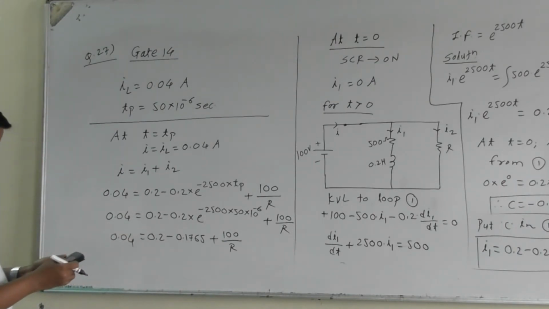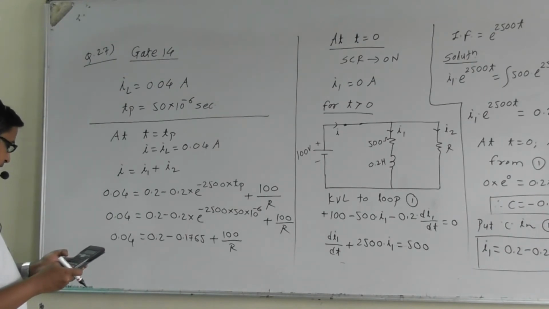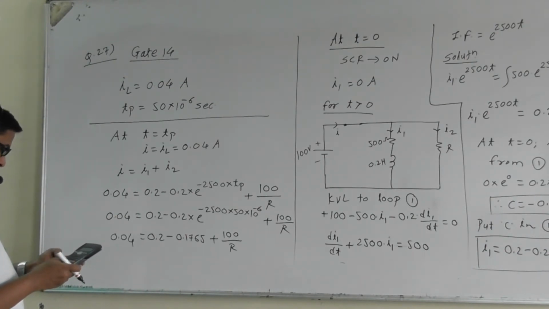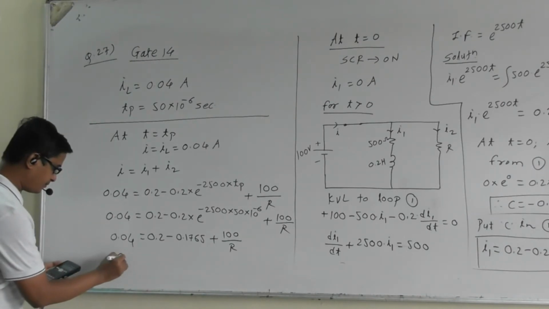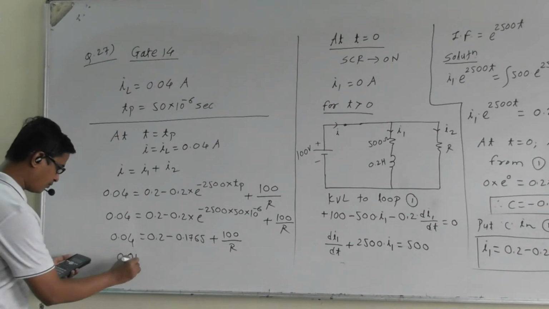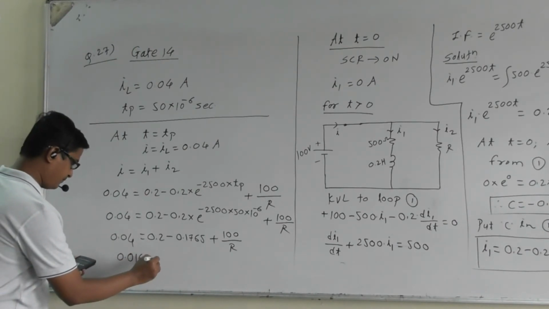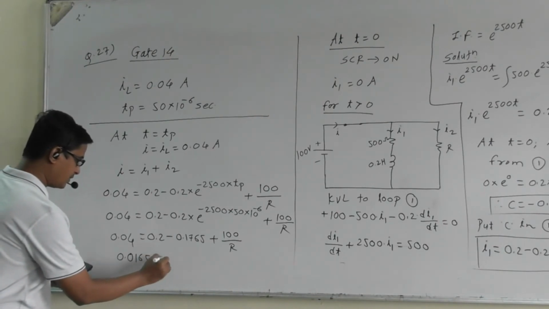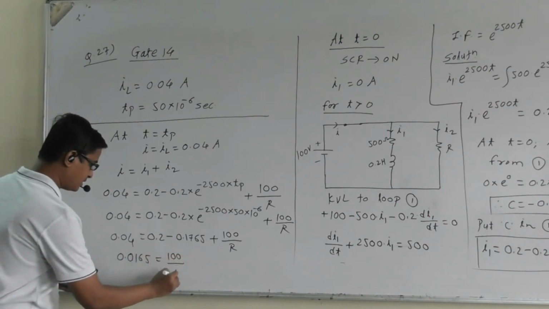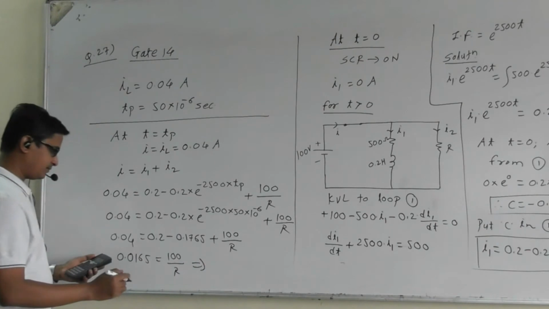So from this we can write 0.2 minus that answer minus 0.04, which is 0.0165, is equal to 100 by R. So from this can we find R?